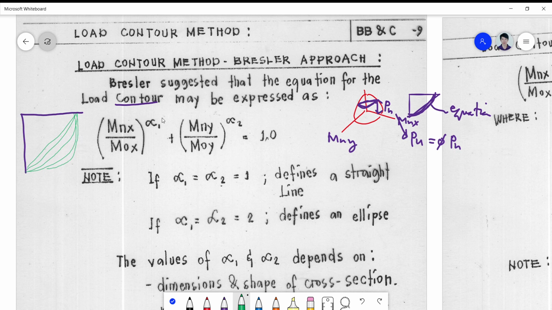So this carries the exponents alpha 1 and alpha 2 in the description of such line.